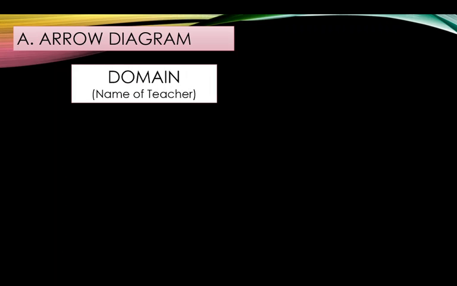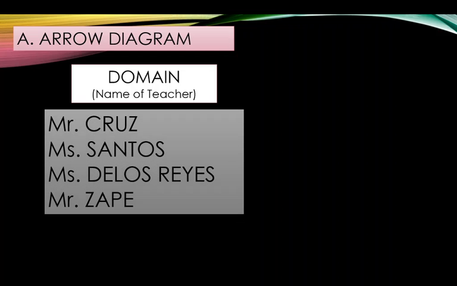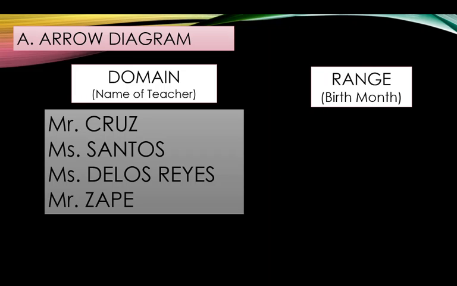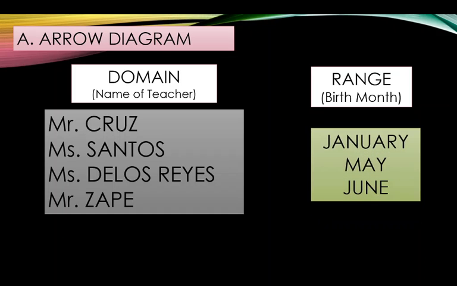Okay, so we have here the arrow diagram. We have the domain, the names of the teachers: Mr. Cruz, Miss Santos, Miss De Los Reyes, and Mr. Zape. We have the range, which is the birth month: January, May, and June. If we are going to pair the domain to its range using the arrow diagram, we are going to put the arrow.